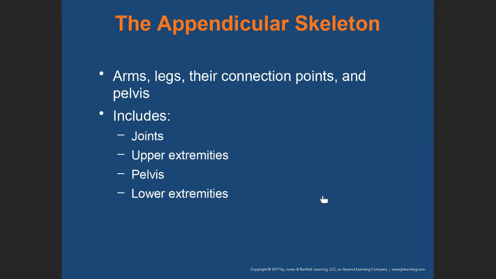In essence, this is the shoulder girdle and the pelvic girdle. The shoulder girdle is the connection for the upper extremities. The pelvic girdle is the connection for the lower extremities. So it includes the joints, the upper extremities, the pelvis, the lower extremities.